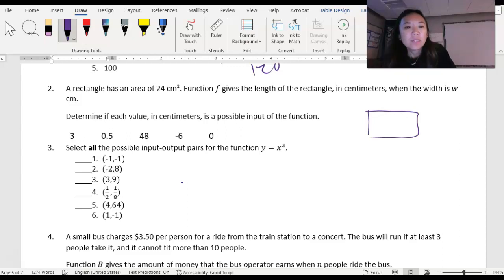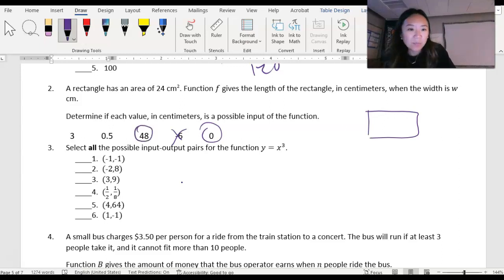So we know that it is not possible to have -6 for our width, right? And so we could have 0. It'd be weird though, because that wouldn't really be a rectangle. If we were to have 48, that would mean that the other side would have to be 0.5.